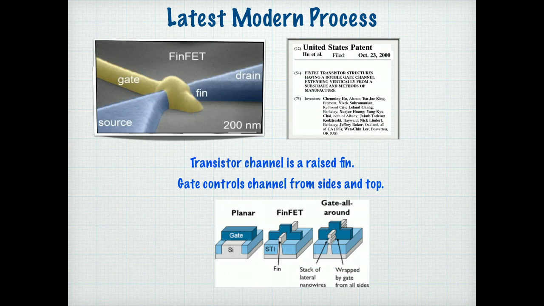Instead of having a gate and then the source and drain below, the gate wraps around the channel. Instead of being down below in the surface of the silicon, the channel is here underneath this gate. The source and drain form this fin. Right? And this has better physical properties, as we will discuss later.